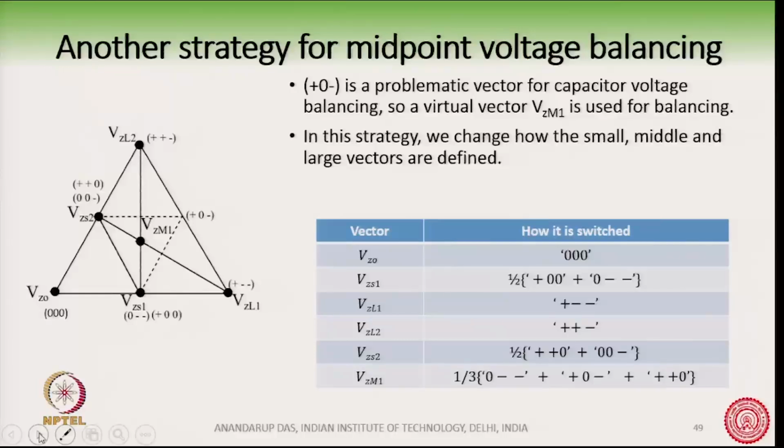Remember that we had said that the plus 0 minus vector, or the medium vector, was the problematic vector for the capacitor voltage balancing. So, this vector plus 0 minus will not be directly used, and we will redefine how we define the vectors in the sector.